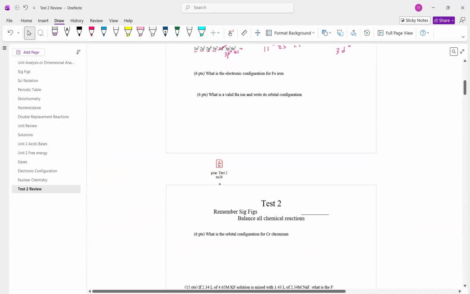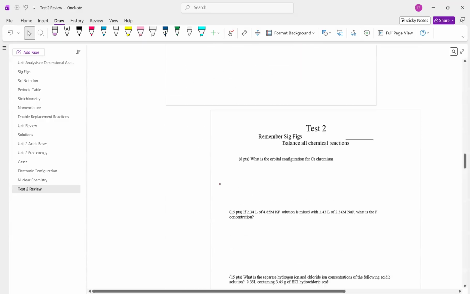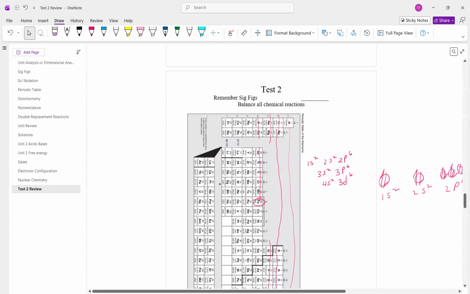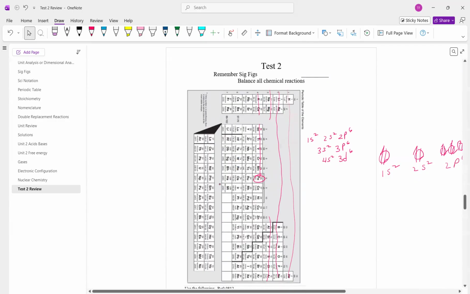Okay, what is a valid Ba ion, and write its orbital configuration? Well, let's start with just the Ba neutral atom first. Okay, so what does that look like? Well, barium is right here.